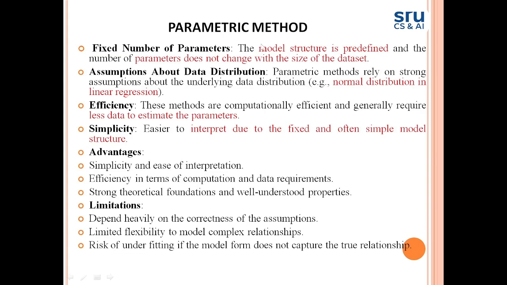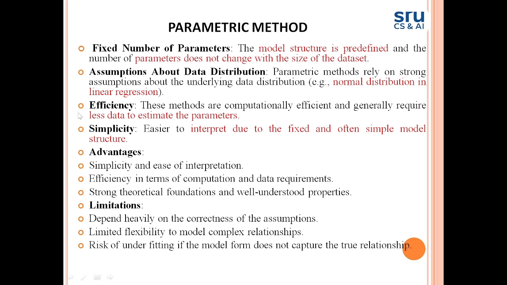Next here we are having the parametric method. In the parametric method we have a fixed number of parameters where the model structure is predefined and the parameters do not change when the data set size is changed.